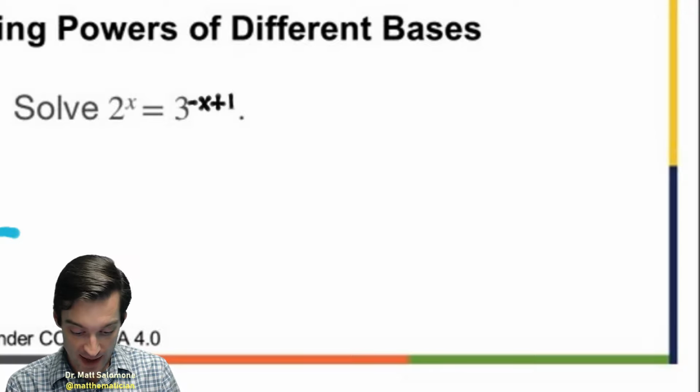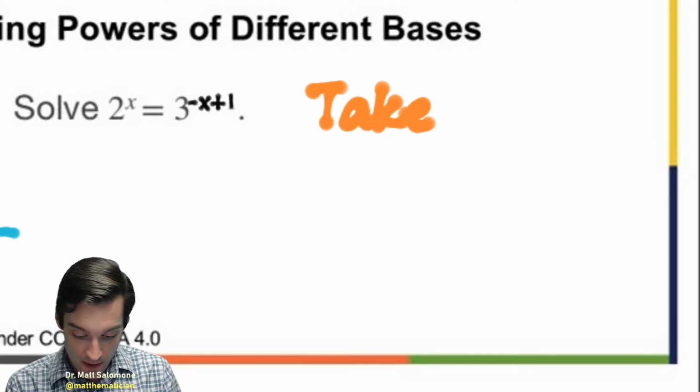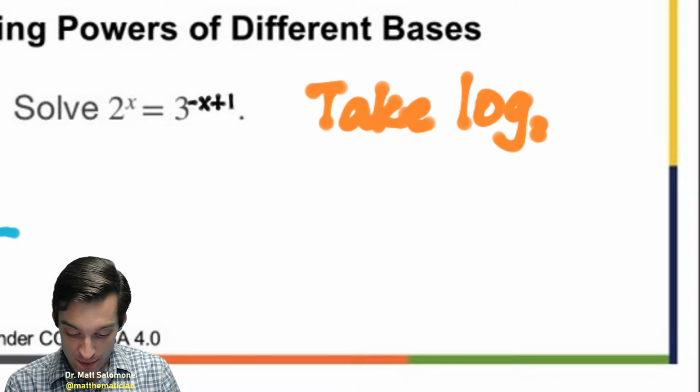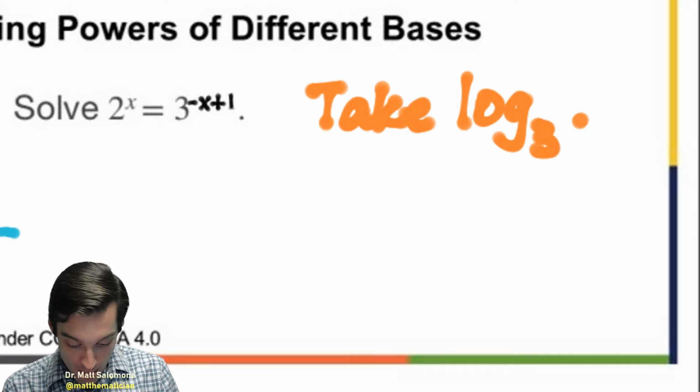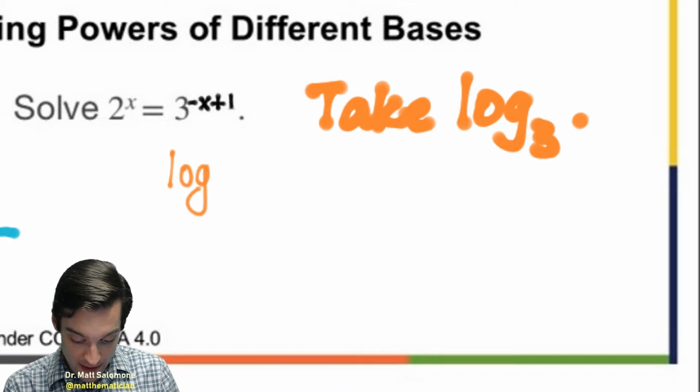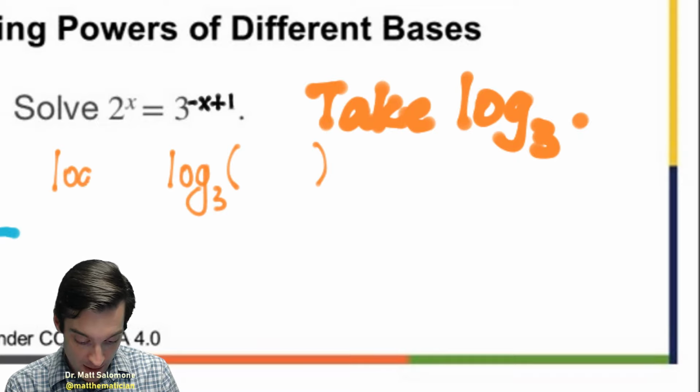I like to pick the one that has the more complicated argument. And I'm just going to apply the base 3 log of both sides. And the reason that that's advantageous is that my right-hand side is already a power of 3. My left side is not, but we're not going to let that stop us.